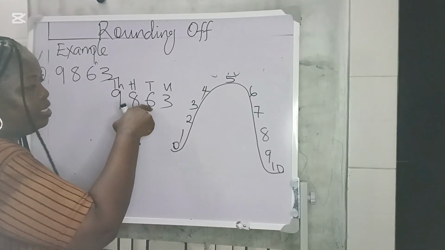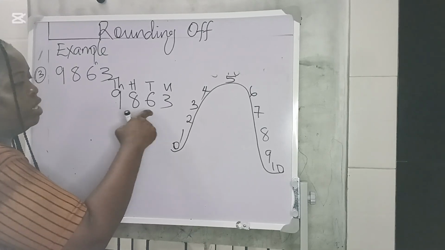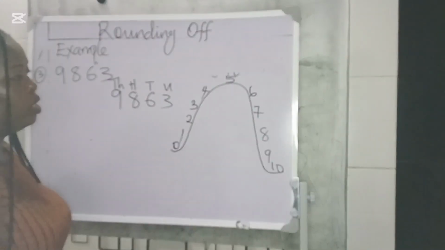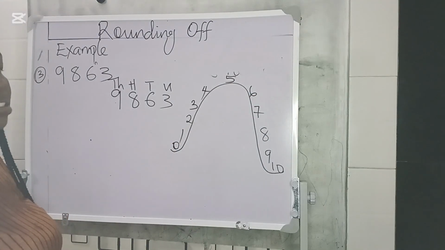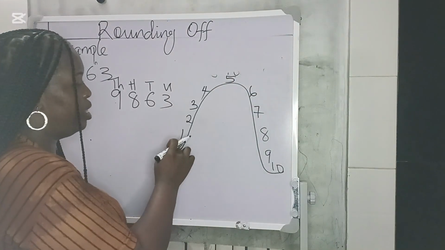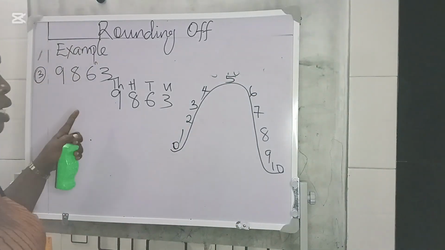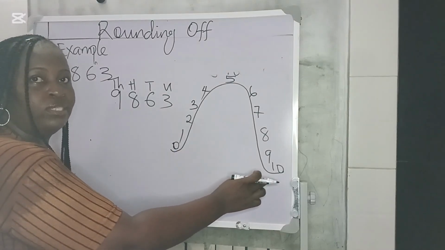So we'll be looking at these two numbers. Now we look at 6. Where is 6 positioned on the hill? Is 6 going down to 0, or is it going up to 10 for you to add an extra number? It's going up to 10.